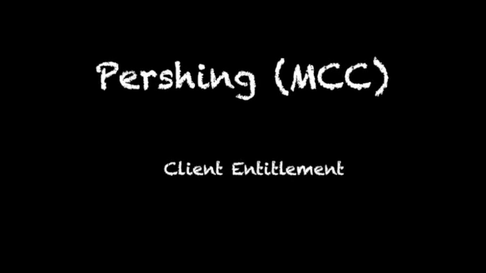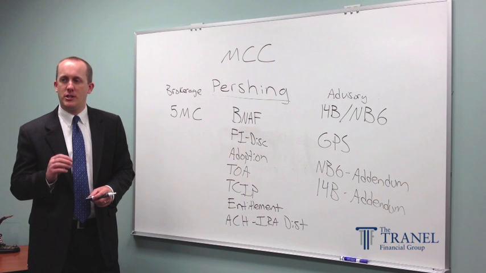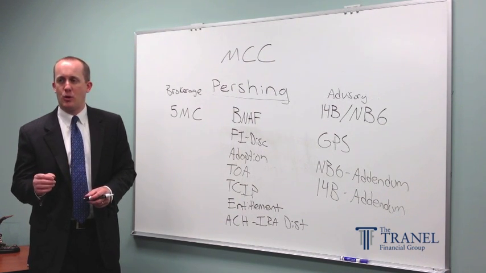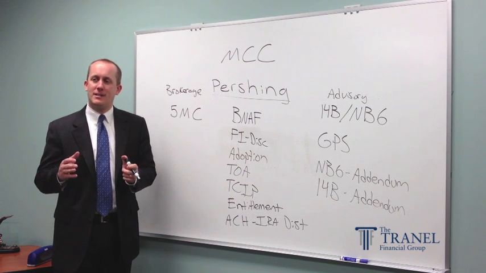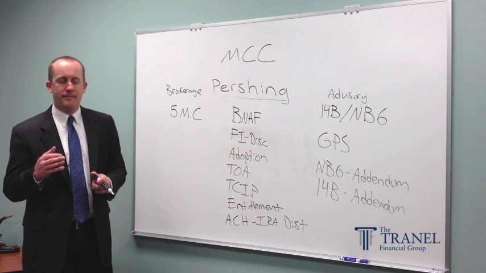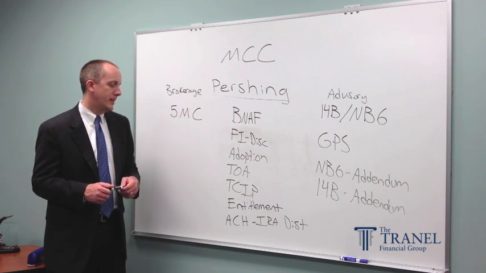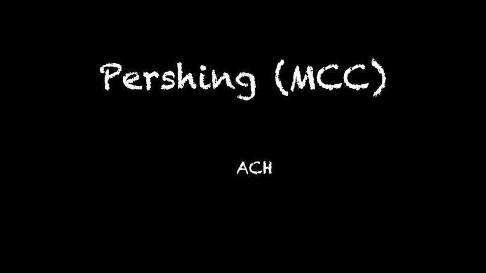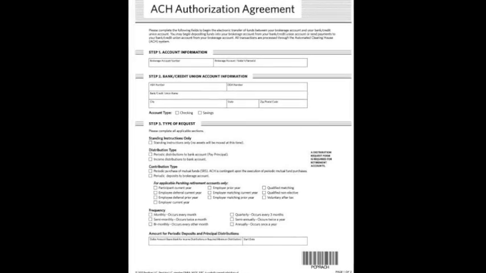The client entitlement form is used to give clients online access to their Pershing account. It's ultimately how the client establishes their username and their password, and it also communicates to Pershing which documents they want to receive paperless, such as statements, prospectuses, annual reports, etc. The ACH form is used to link the Pershing account to a client's checking account.